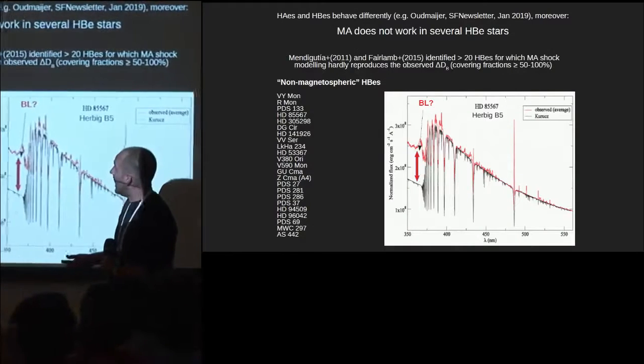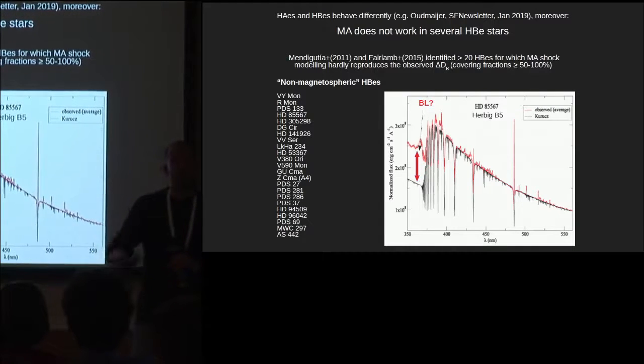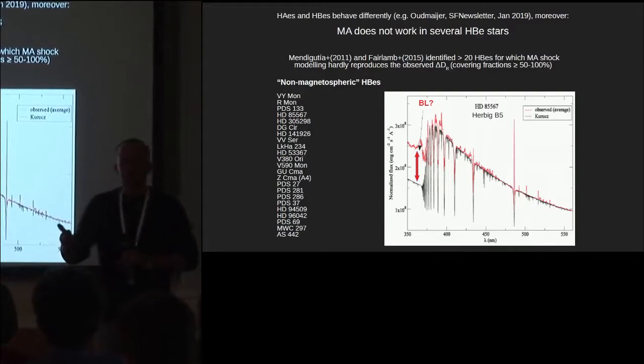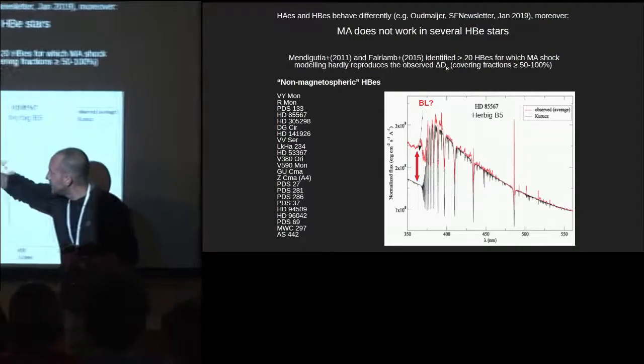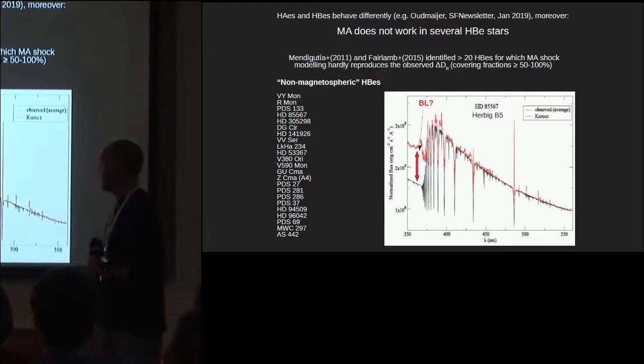And actually, when we tried to reproduce the Balmer excesses of the Herbig Ae stars, we found a subsample of objects that showed such a huge Balmer excess that was impossible to fit from the magnetospheric accretion shock modeling.